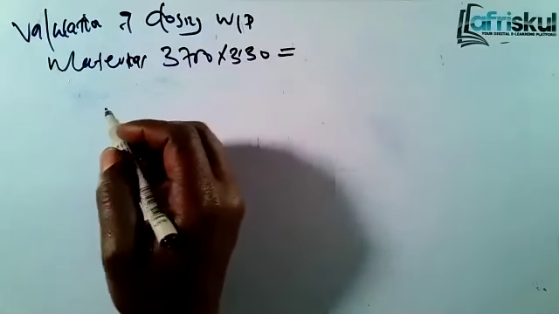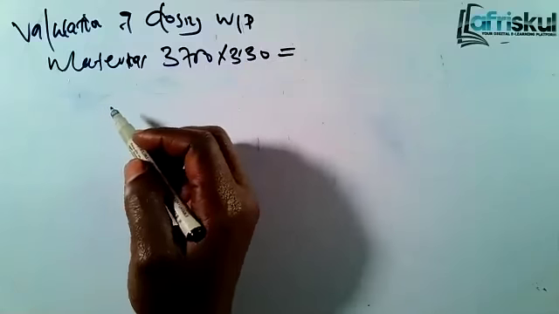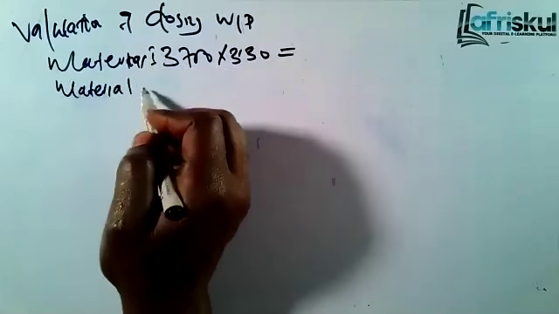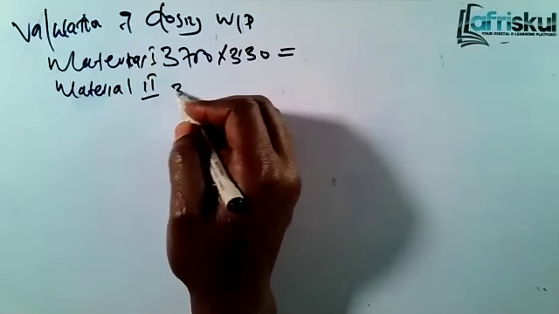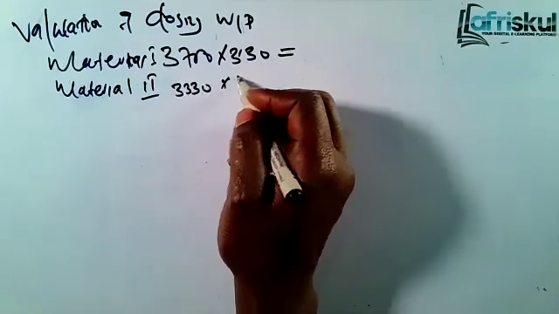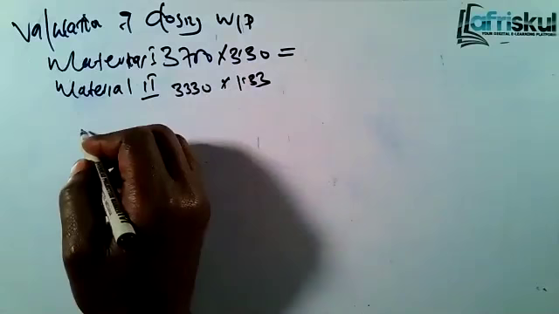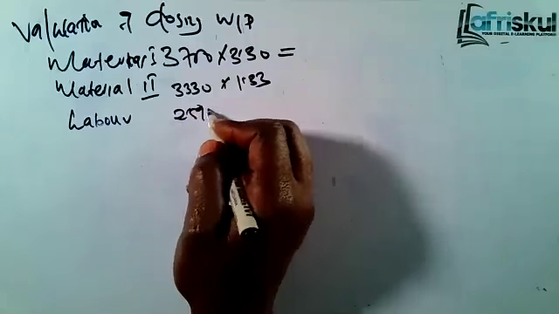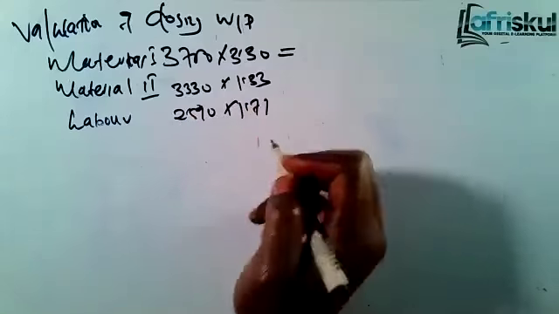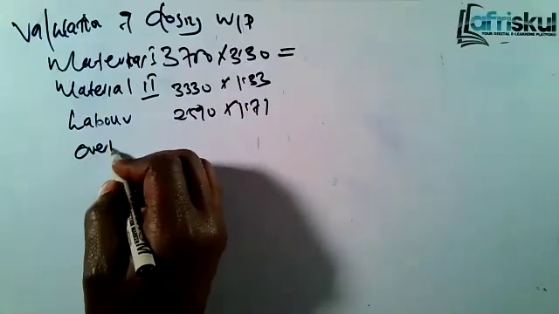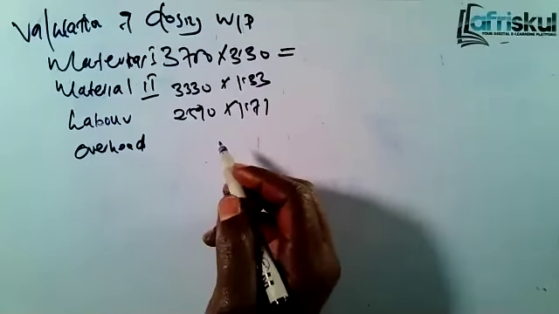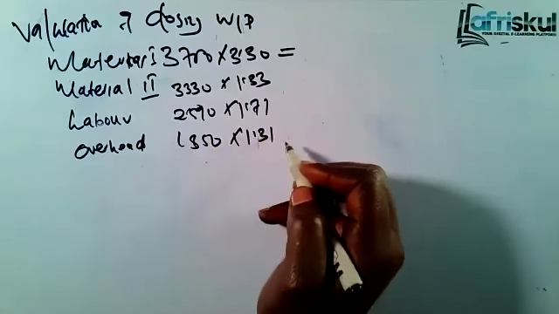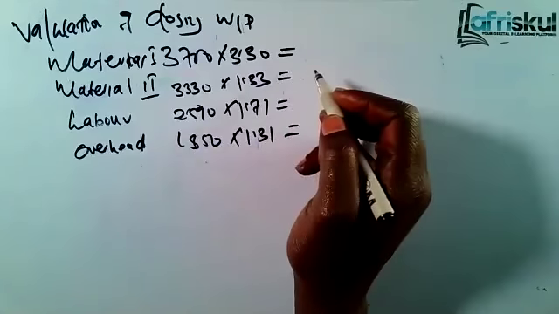You get the answer. Then we had material 2, which is 3,330 times 1.33. And then we had labor, which was 2,590. You multiply by 1.71, and then we had overheads, which was 1,850. You multiply by 1.31. You get the answers there.